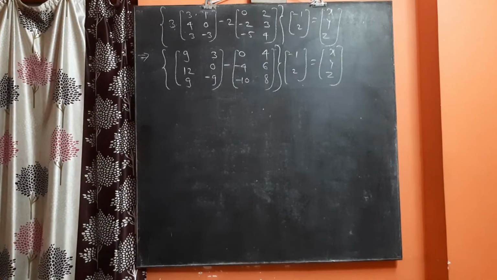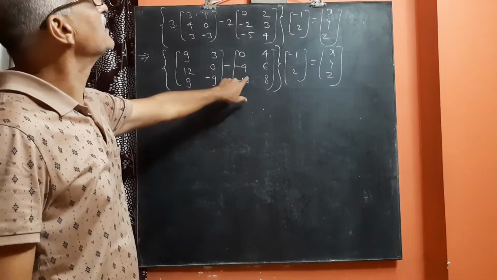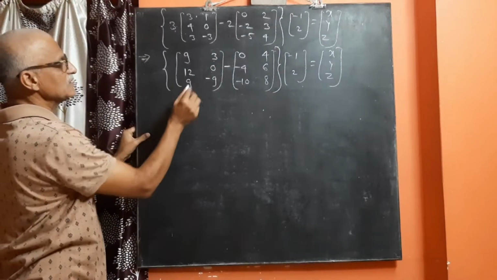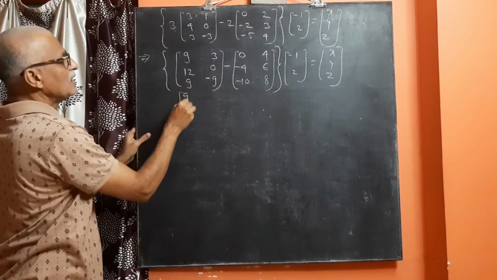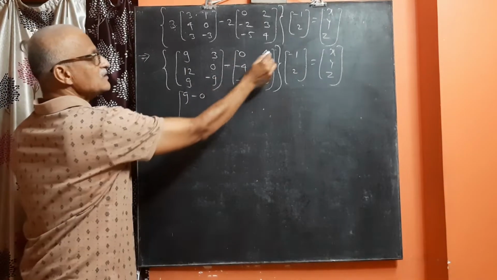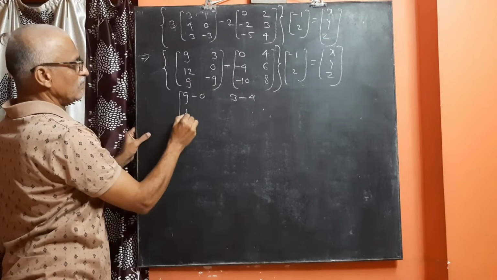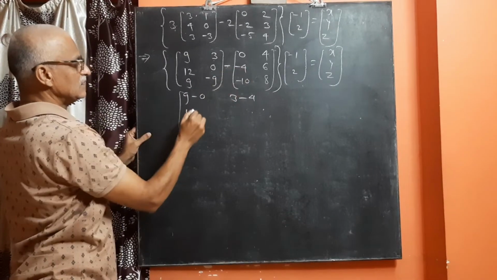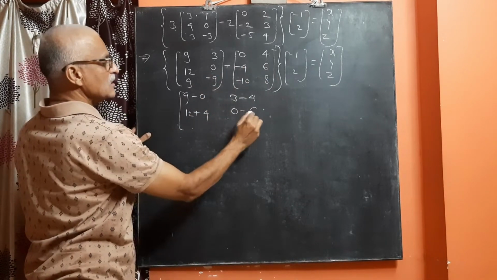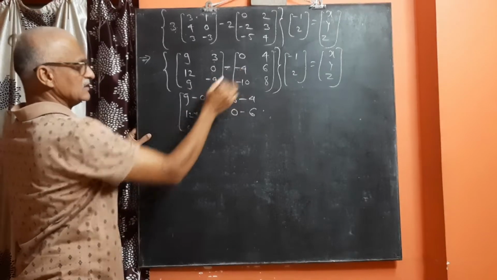Now first matrix minus second matrix. So subtracting the two matrices, the subtraction of two matrices is here 9 minus 0, 3 minus 4, 12 minus of minus 4, that is plus 4, 0 minus 6, 9 minus of minus, that is plus 10.